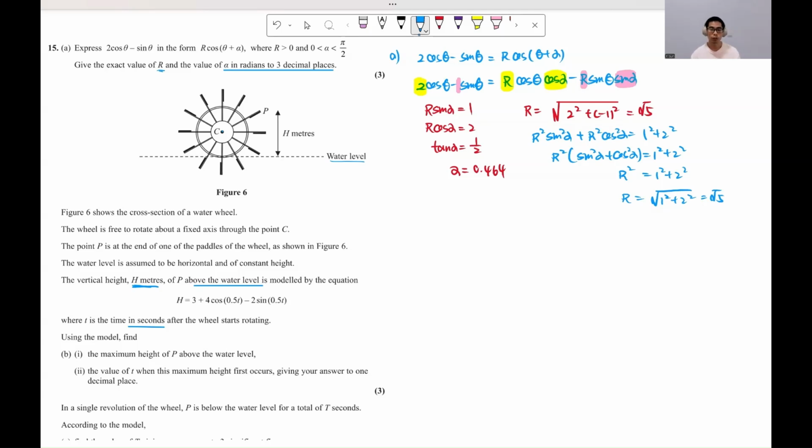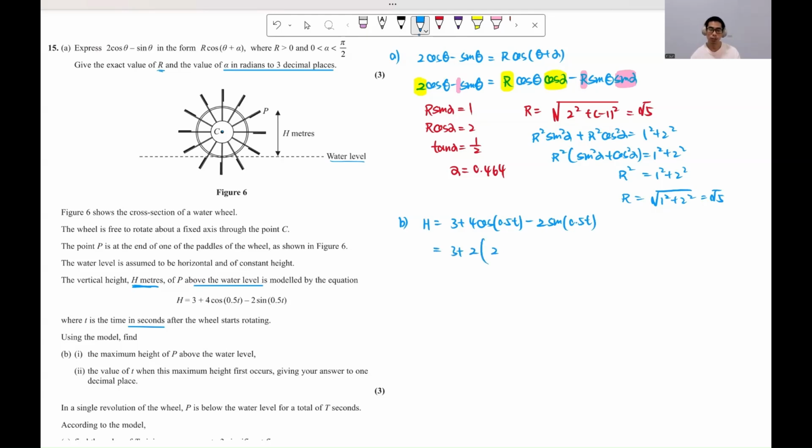Okay, so first we need to use part A to rewrite this equation in an easier form. So h is 3 plus 4 cos 0.5t minus 2 sin 0.5t. The 3 doesn't change, and we can factorize out 2.